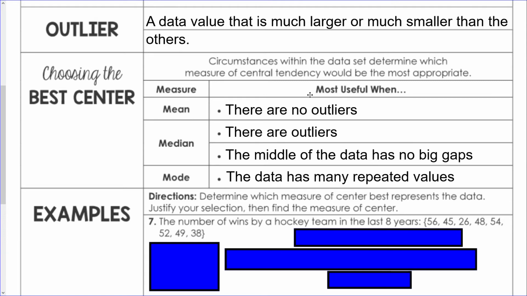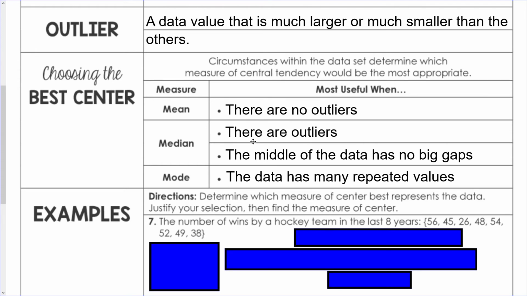Mean is most useful when there are no outliers, because outliers will make an average a little bit skewed. It's like finding the mean of average wages and including Bill Gates with a bunch of other average people. His wage would skew that average.